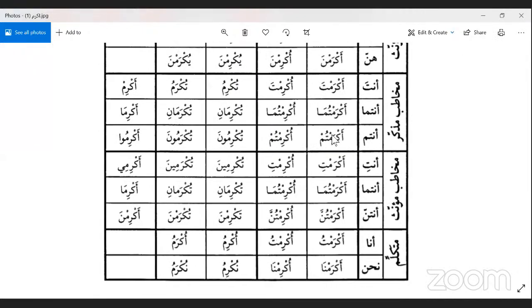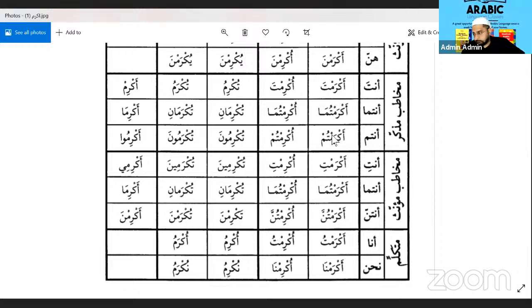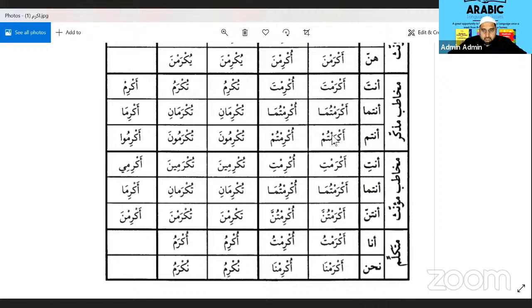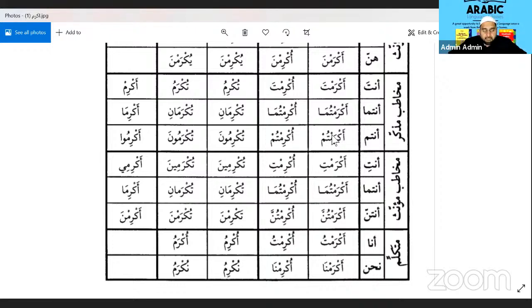Correct. Anta akramta. Correct. Antuma akramtuma. Antum akramtum. Anti akramti. Antuma akramtuma. Antunna akramtunna. Excellent. Ana akramtu. Nahnu akramna. Excellent. Is this clear for you? Yeah. Brilliant.